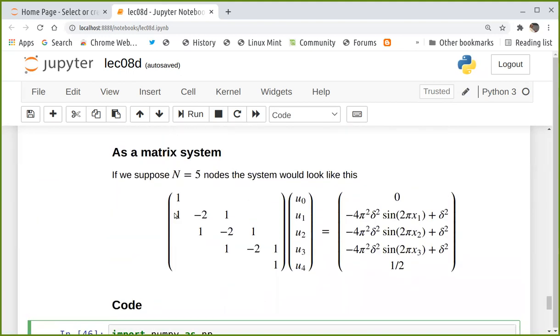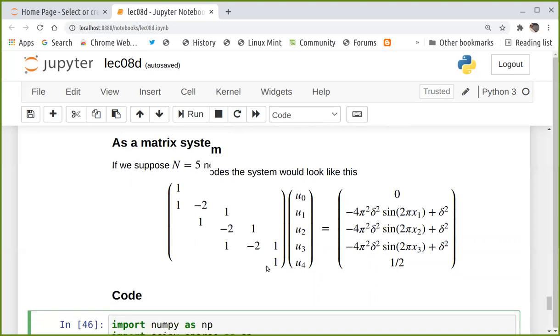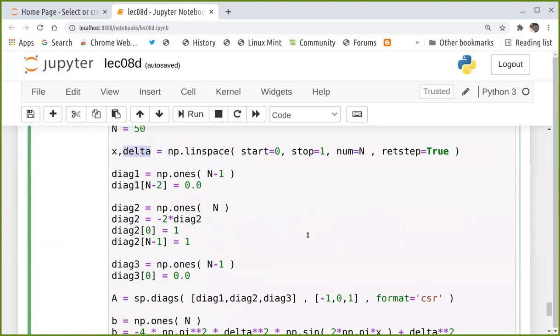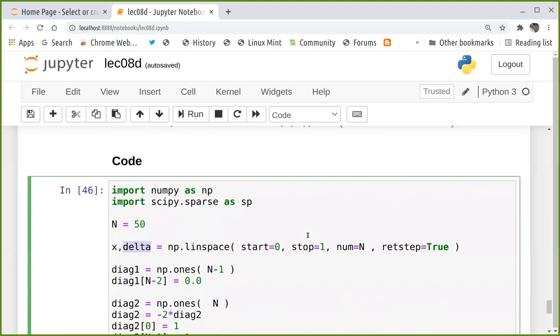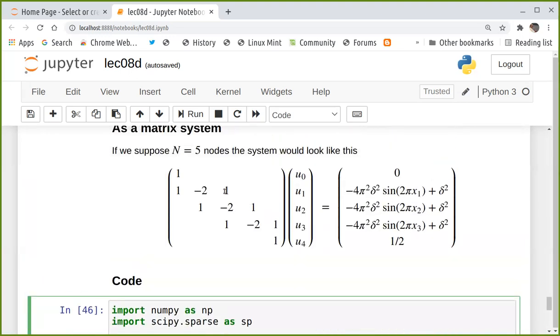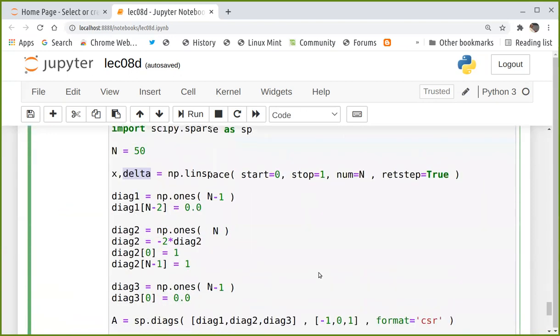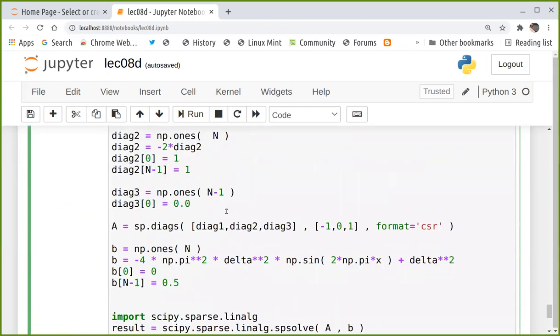The main diagonal has n entries. All of those entries are -2, except the first one and the last one are equal to 1. So diag 2 is the main diagonal. Diag 3, the upper diagonal, consists of all 1s except the first entry, which is 0. And there are n-1 entries here, instead of n entries like the main diagonal.